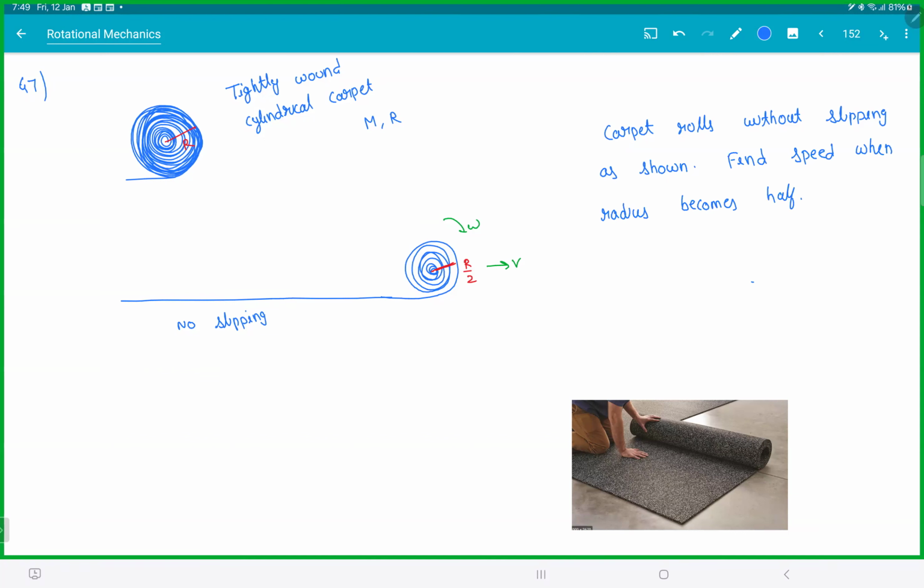Is the diagram clear? We have a fully round carpet. It's like a cylinder, mass m, radius r. Someone just pushed it, and it started rolling down on its own. Find the speed when the radius becomes half.